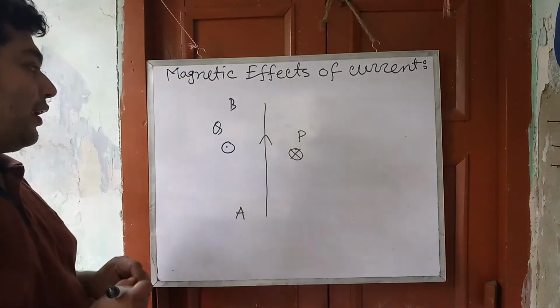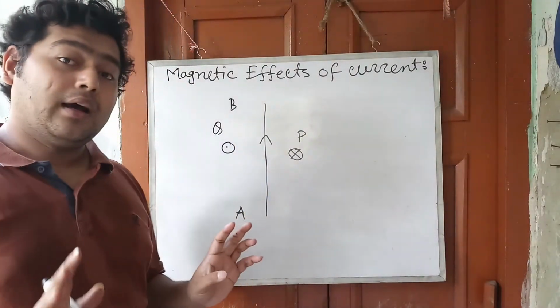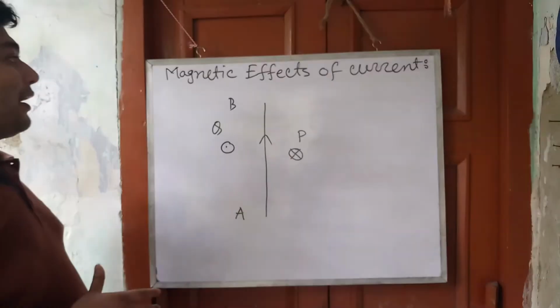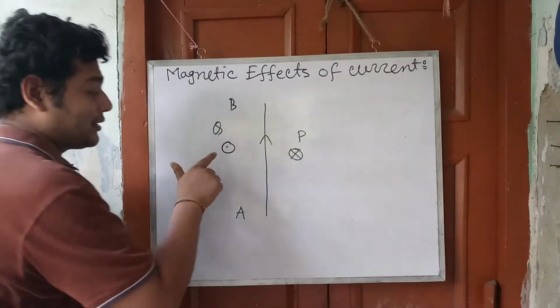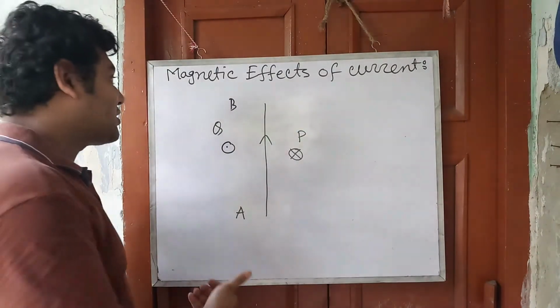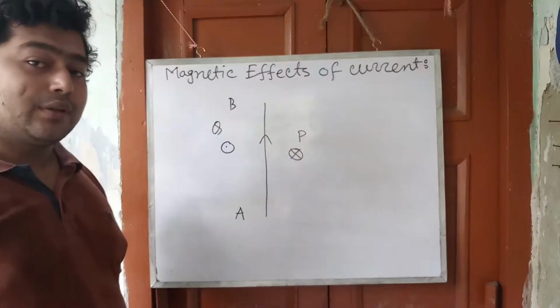So when we see the cross, we know that the direction of the magnetic field is into the board, and as a notation of dot we can say that the direction of the magnetic field is outside the board.